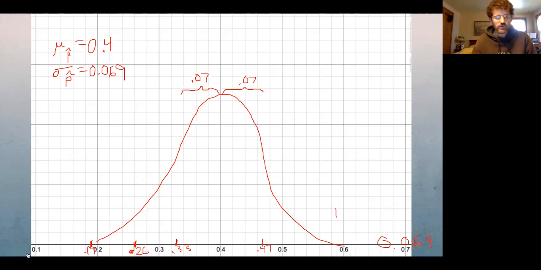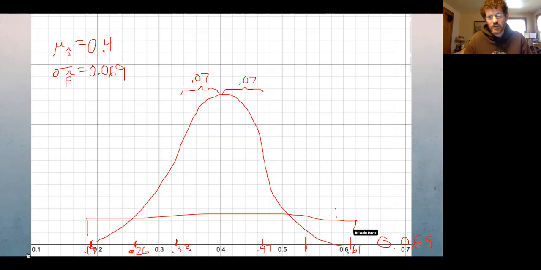If I keep going, that's going to be 0.61 if I go further up. So within these two values, we should have 99.7% of all possible sample proportions that could arise from a sample, if that makes sense.